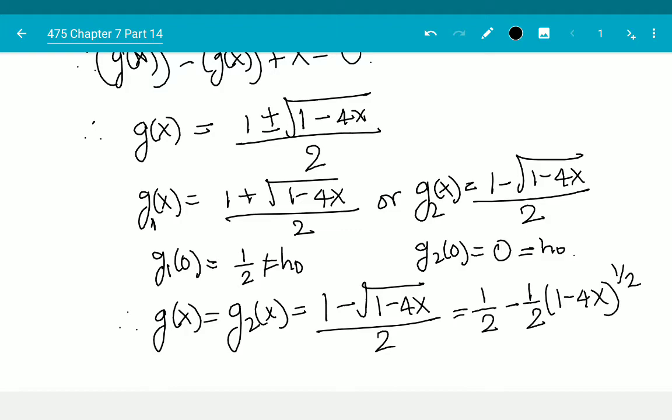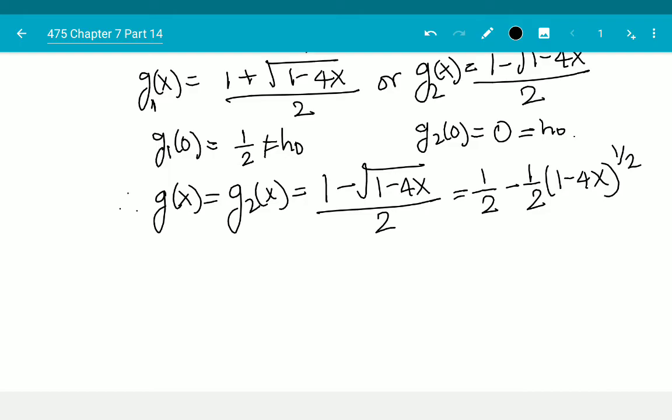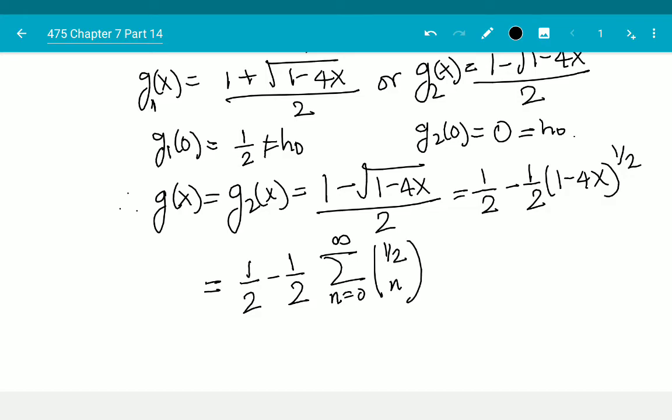And the reason I'm writing it as (1 minus 4x) to the 1/2 is because we can use Newton's binomial theorem to expand it, which is equal to 1/2 minus 1/2 summation n equals 0 to infinity of 1/2 choose n, negative 4 to the n, x to the n, right?